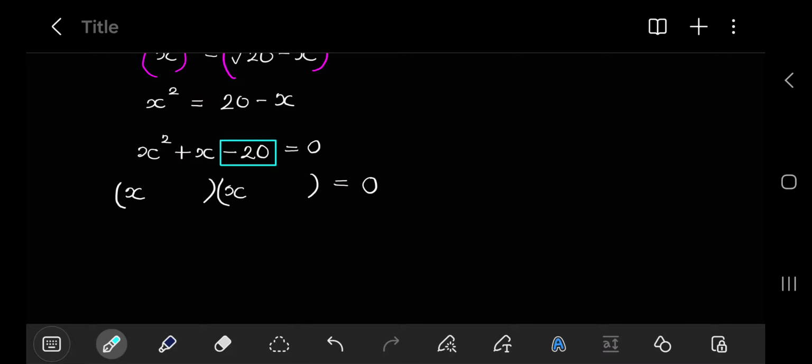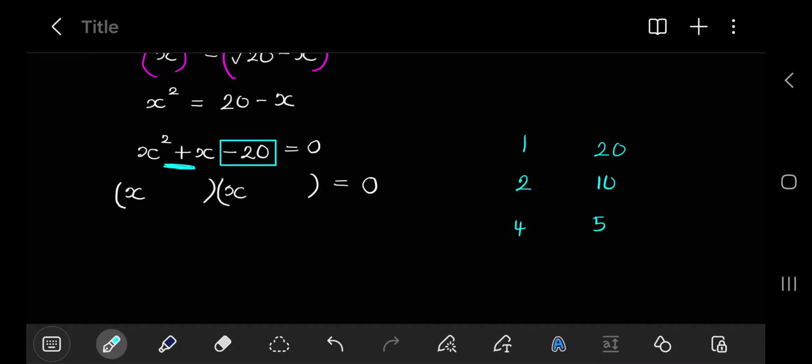Next, we are going to look for factors of the last term. Now, factors of 20 are 1 and 20, 2 and 10, 4 and 5. And here's the thing. We are looking for factors of negative 20. When we multiply them, they need to give us negative 20. But when we add them, we need to get positive 1.